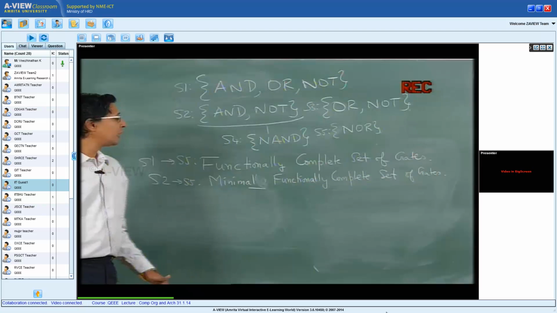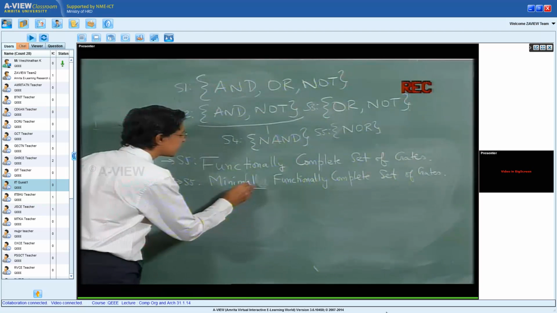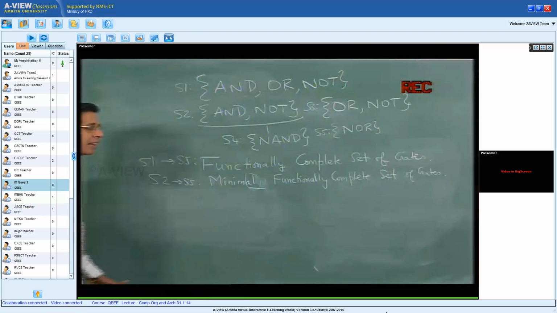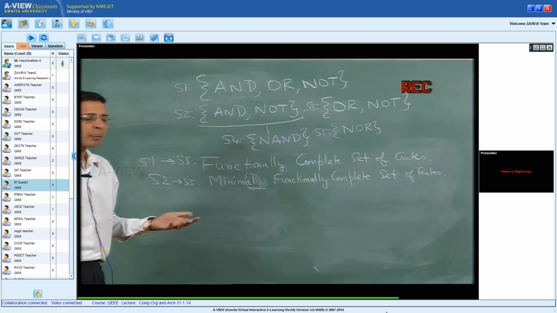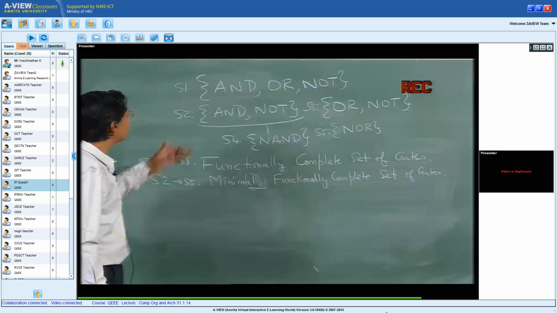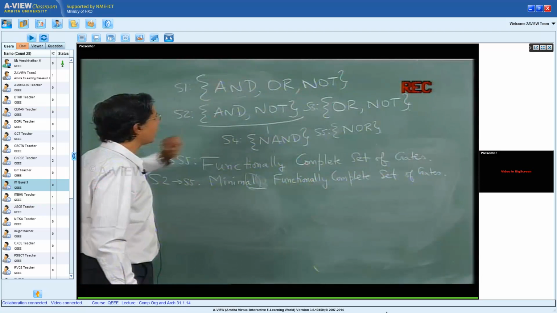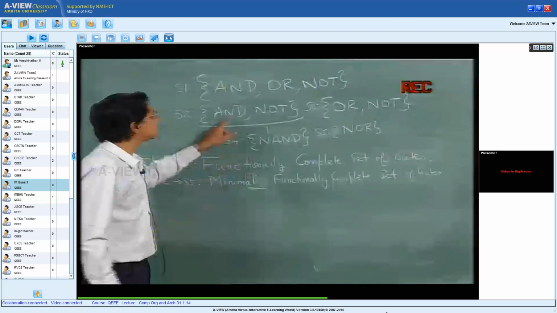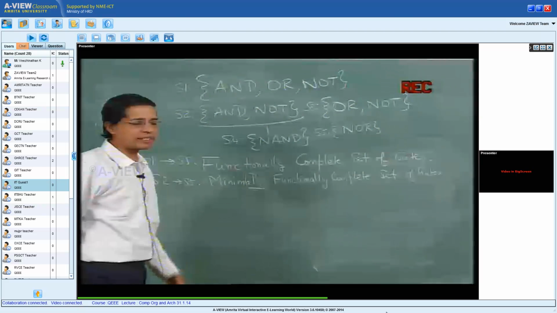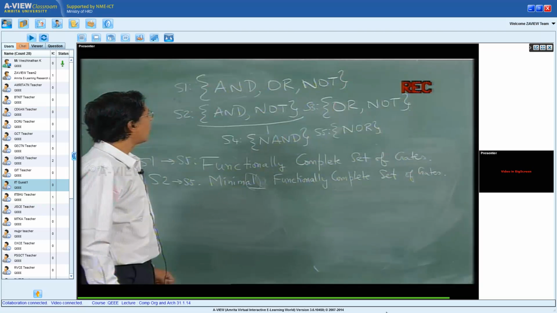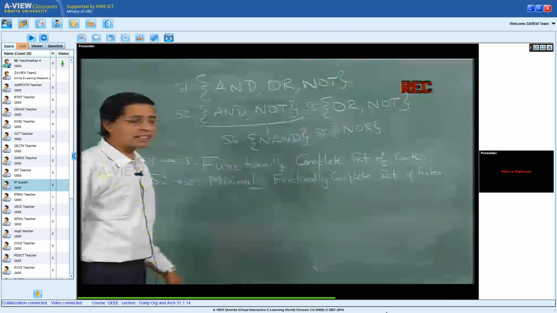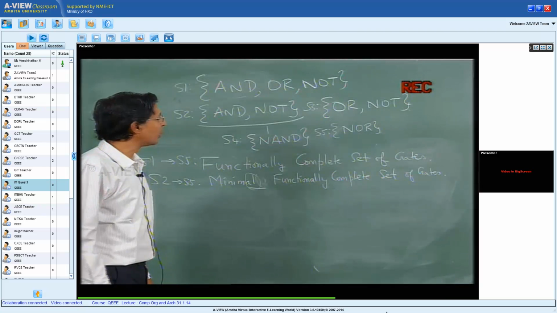Why are they called minimal? Please understand, it is minimal because if you remove any gate from this, then the set ceases to have that property. For example, if I remove NOT from this set, then this ceases to be a functionally complete set of gates, because using just the AND gate I can't realize every Boolean function.